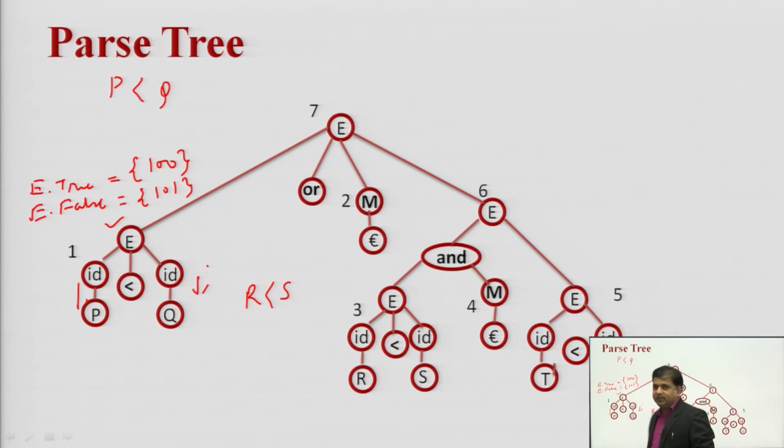This is my next statement: E derives ID relation operator ID, for R and S. What will be its true list and false list?